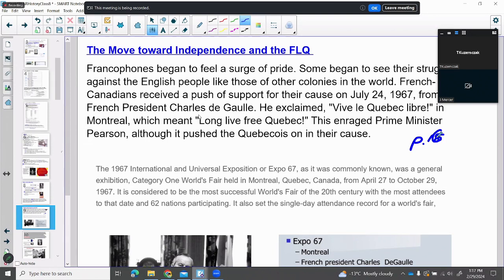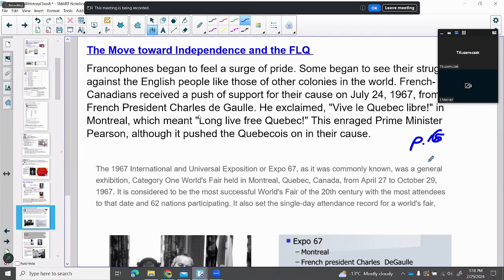French Canadians received a push of support for their cause on July 24th, 1967, from French President Charles de Gaulle. He exclaimed, "Long live free Quebec." This was in Montreal. This enraged, at the time, Prime Minister Pearson, although it pushed the Quebecois on in their cause.